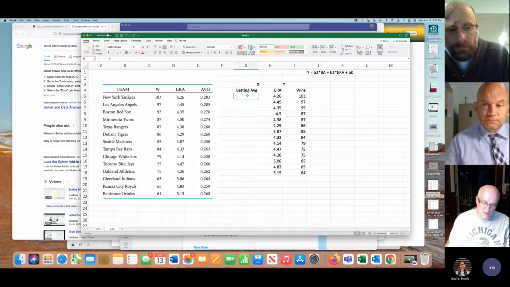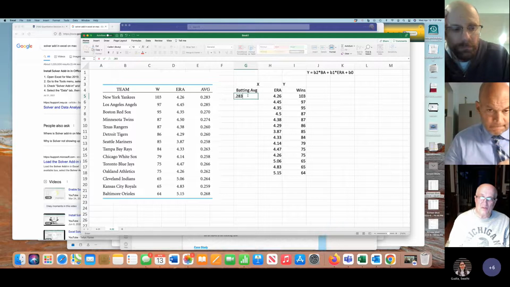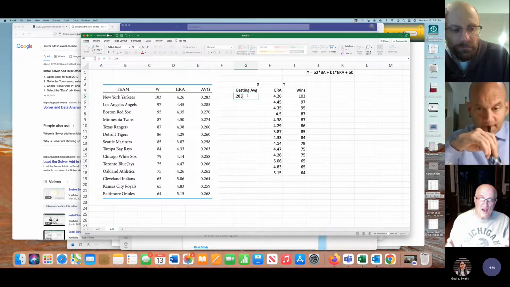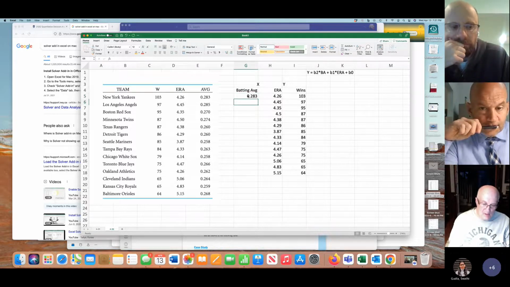Batting average, 0.283. If I didn't want to use the decimal place for all of them, I didn't have to, right? I could just write 283, 285. But I'll keep them accurate.